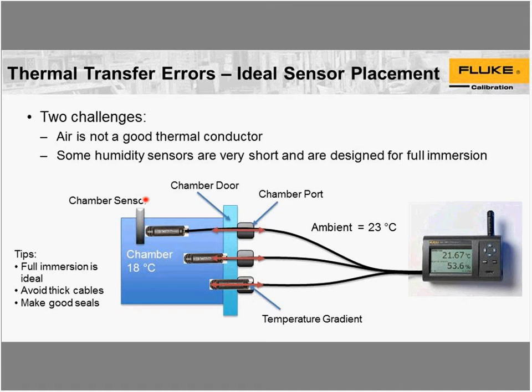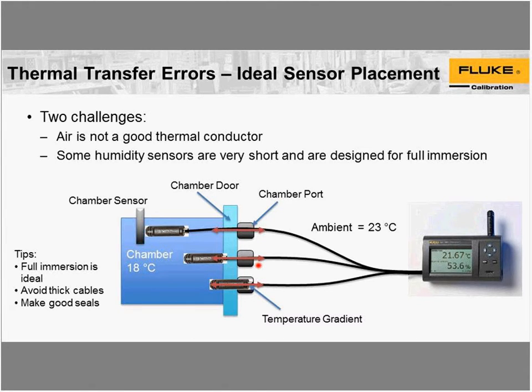There are two other scenarios where the sensor itself is protruding through the door into the chamber. This red arrow describes where thermal gradients or thermal transfer is happening between ambient conditions and chamber conditions, so we have to be really careful with that. The bottom one would definitely be a risky measurement.